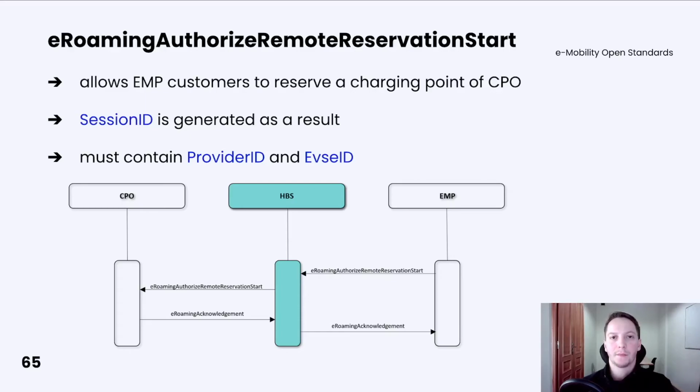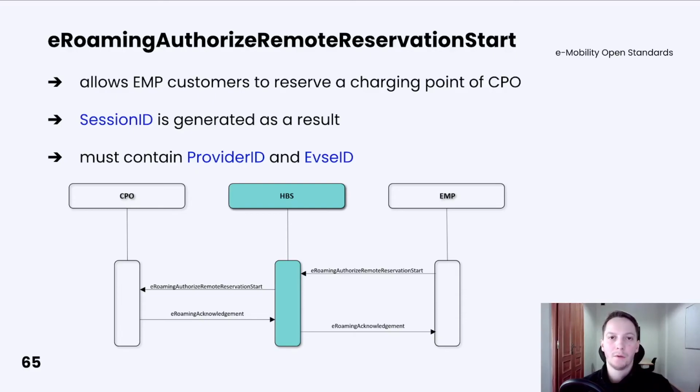First operation is eRoamingAuthorizeRemoteReservationStart. It allows EMP customers to reserve a charging point of a CPO. Information if charging point offers reservation services is a part of an EVSE data in Value Added Services field.